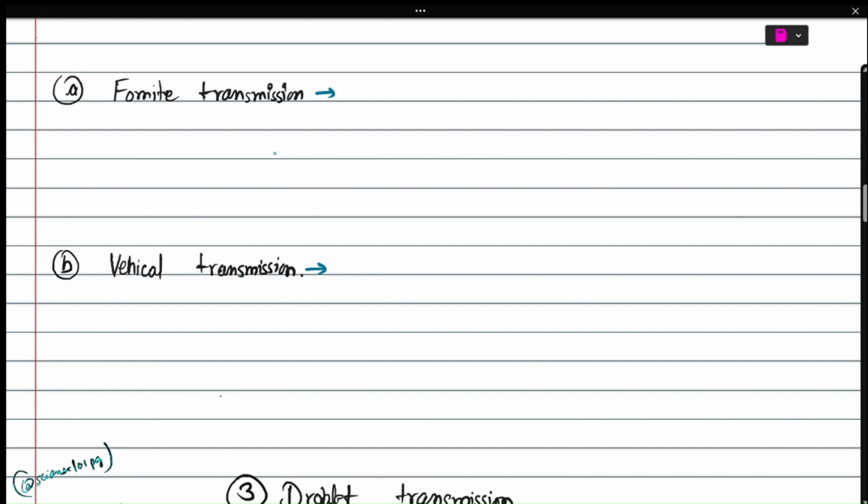Now, fomite transmission involves inanimate objects, like door handles or door knobs. Then we have towels, sometimes even clothes, etc. Okay, let me explain it first.